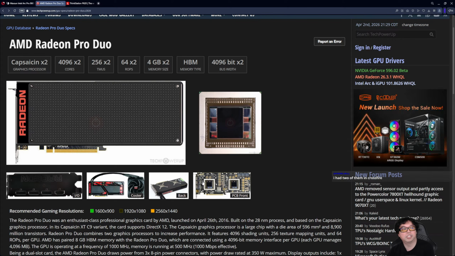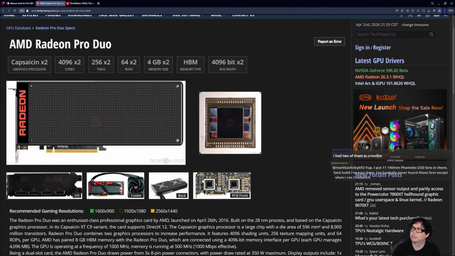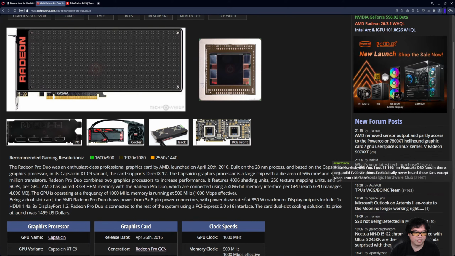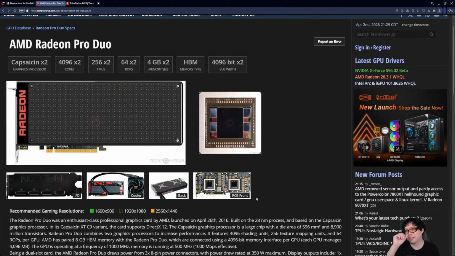This was literally a dual Fury X. Or what was the chip called? Fiji? Whatever it was, it was definitely not Vega. It was the one before. It was the last time AMD went toe-to-toe with Nvidia's best.